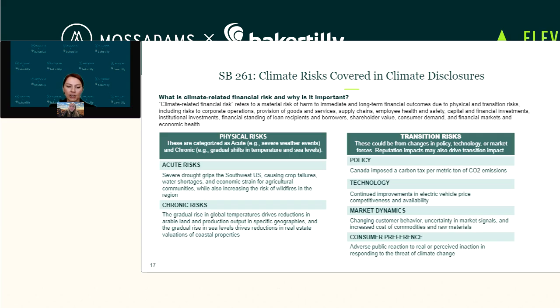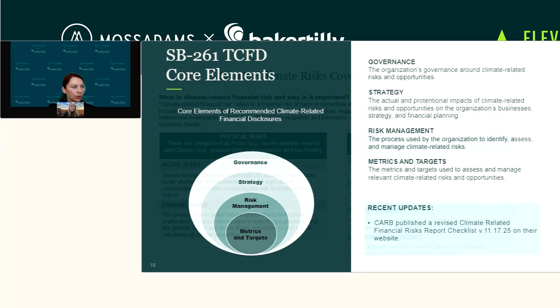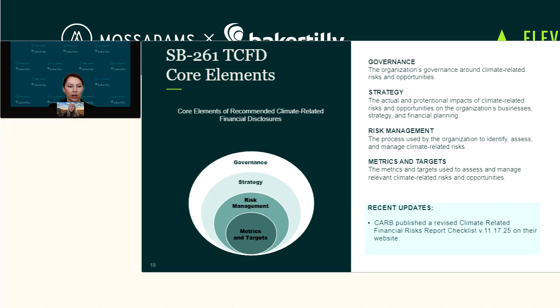So companies that are subject to SB 261 must assess and disclose risks from both categories, physical and transition, when they submit their climate-related financial risk reports. And with that, we'll go into the TCFD framework. SB 261, as I mentioned in the very beginning, relies very heavily on this TCFD framework, especially for folks that aren't as familiar with the other frameworks like IFRS or ISSB.